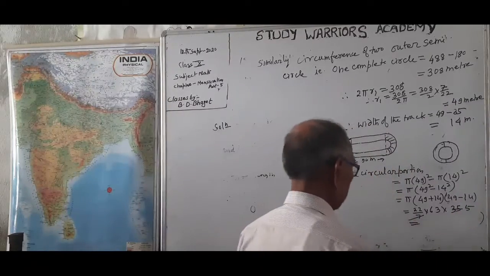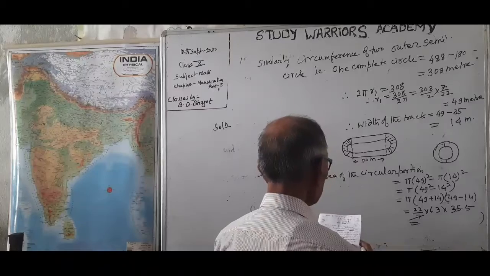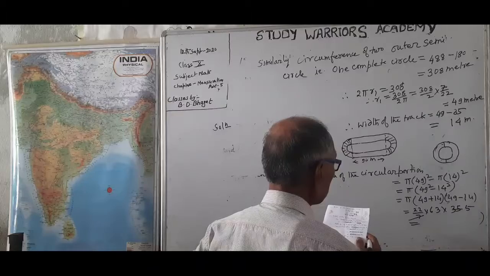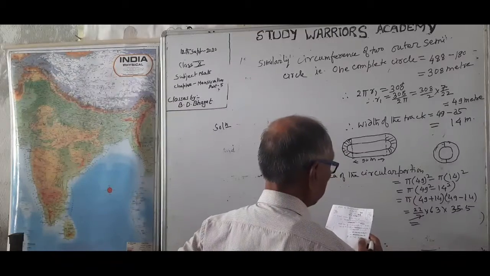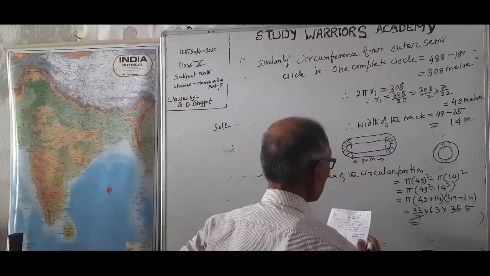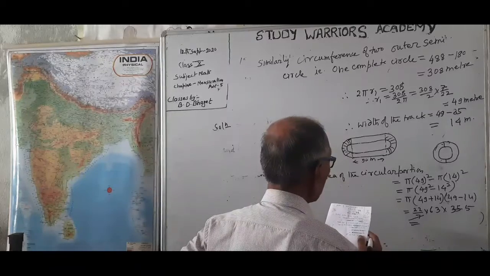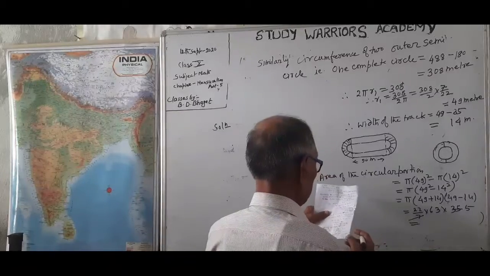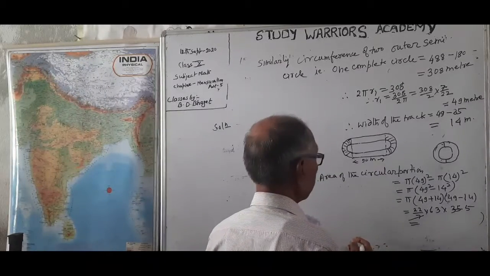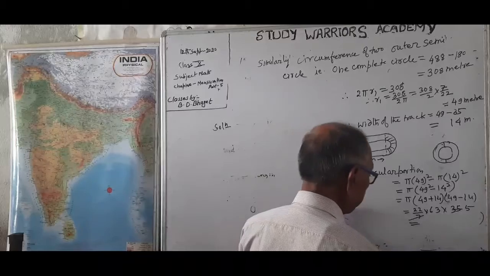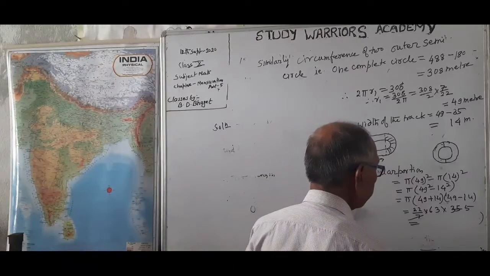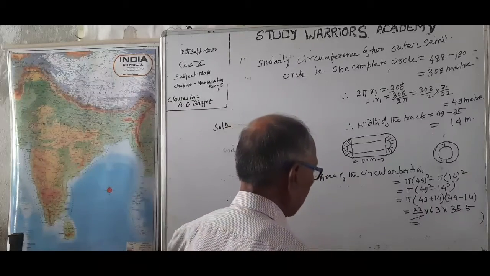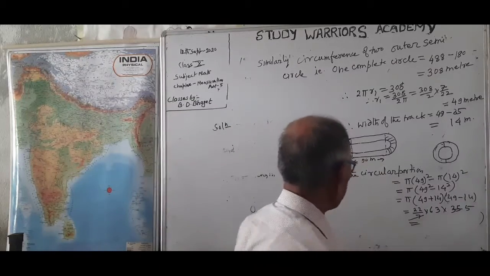So it will be equal to 22 by 7 into 63 into 35, which is 2 into 63 into 5... wait, simplified it will be 22 into 9 into 5... Area of the circular portion, I shall do the calculation after that.